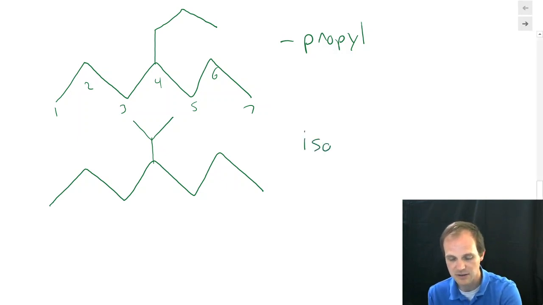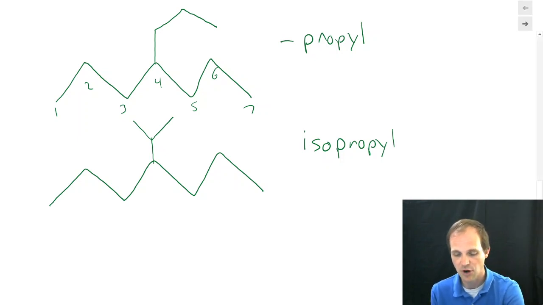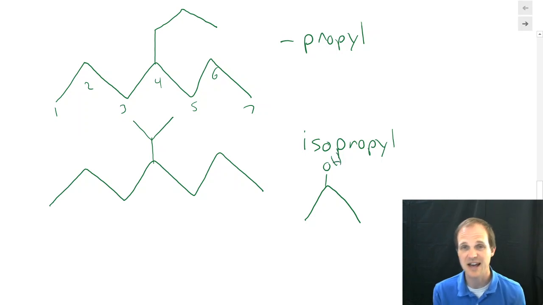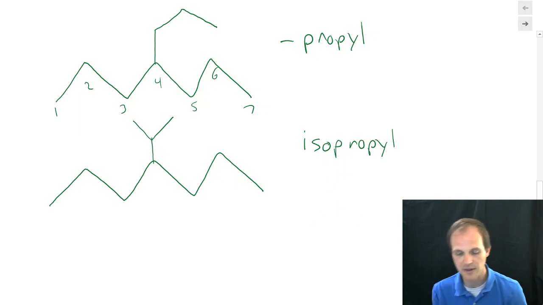When you're attached to the middle, you call it an isopropyl. Isopropyl, you may have heard that before. Isopropyl alcohol is the alcohol you're going to find in your medicine cabinet. And the iso just means middle. And so isopropyl alcohol means there's an alcohol in the middle. Propyl means 3. And so isopropyl alcohol looks something like that because an OH group is what makes an alcohol. So we've got an isopropyl group there.